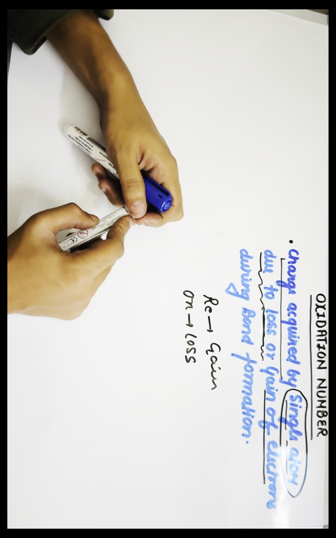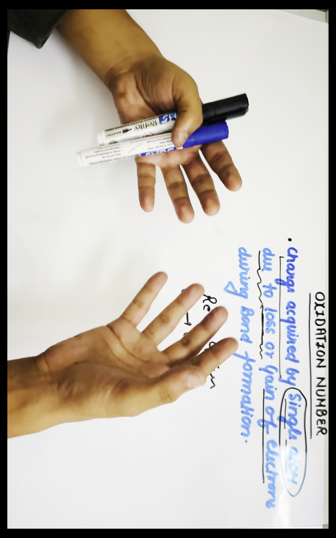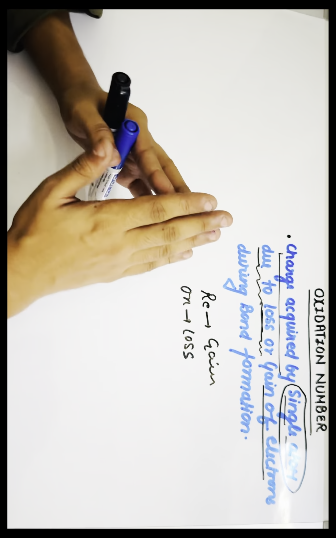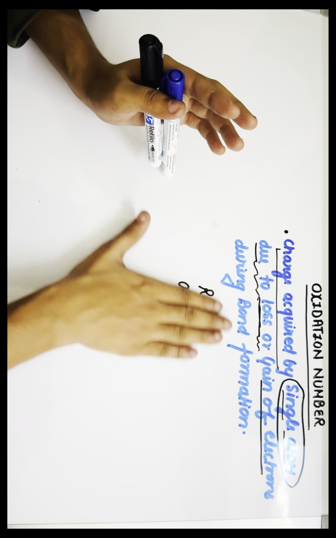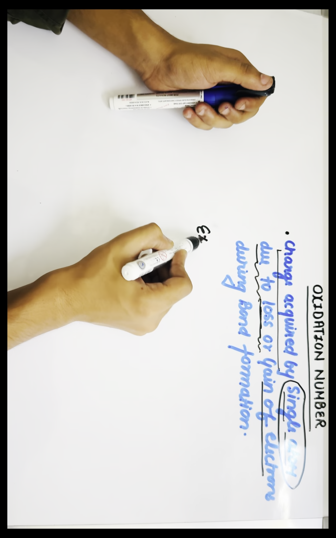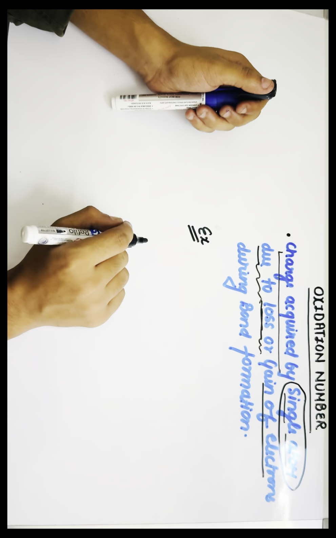I think for new students this is complicated, but let's take an example to make this complicated definition simpler.